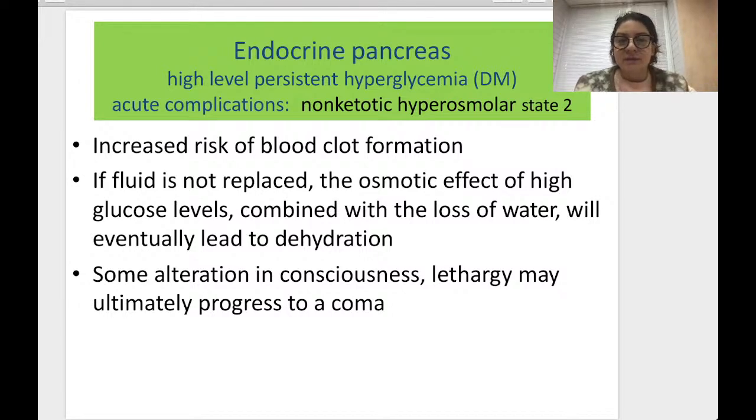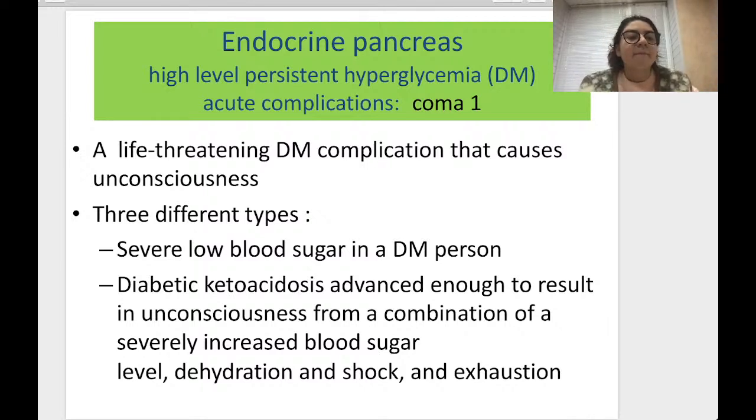If a patient with this non-ketotic hyperosmolarity goes into the coma, mortality is very high, and in all countries it's really huge. 70-80% of all patients who go into hyperosmolar coma, we can't bring back at all.